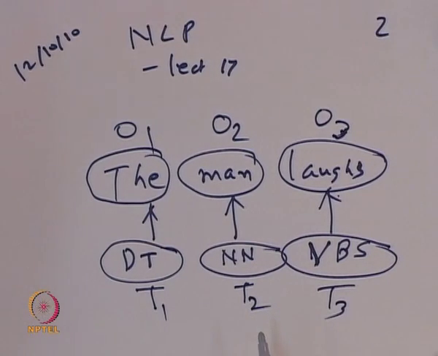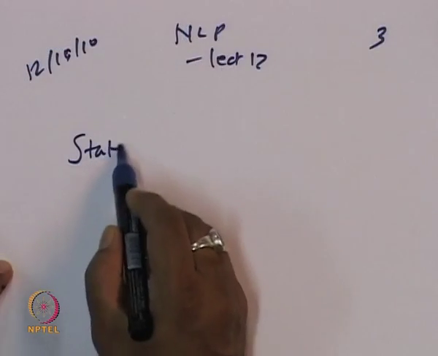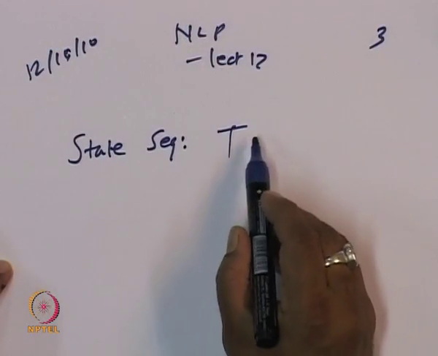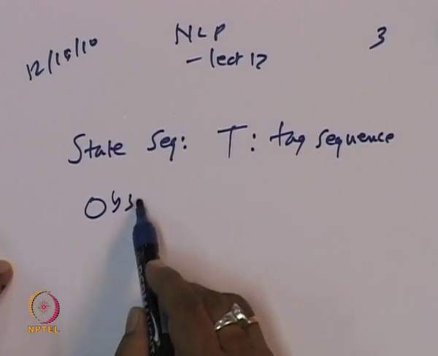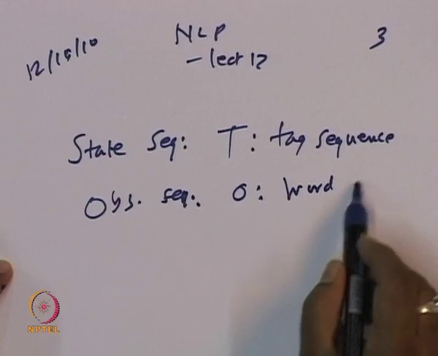So, the problem that comes in front of us now is that of predicting a state sequence from the observation sequence. The state sequence in this case is the tag sequence, and the observation sequence is the word sequence.